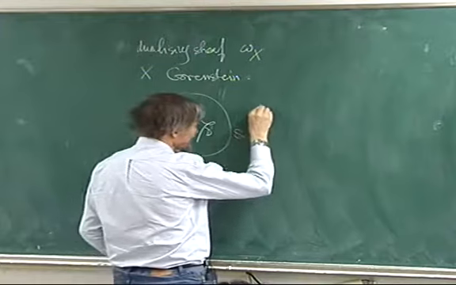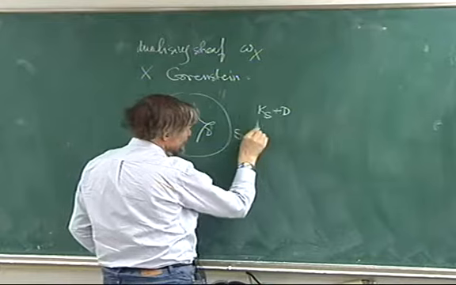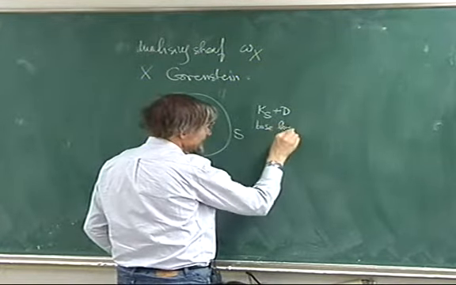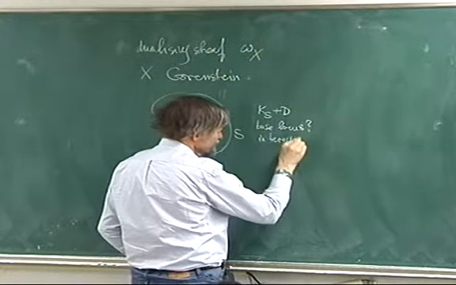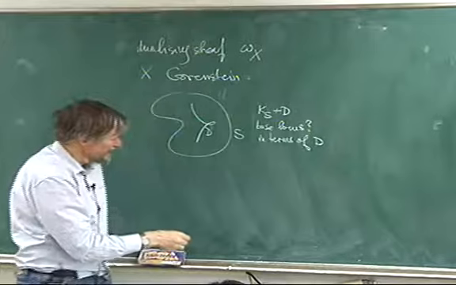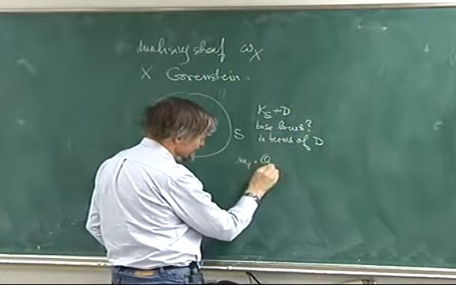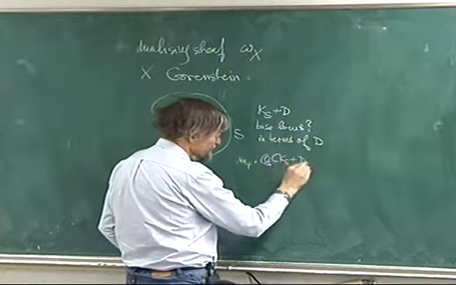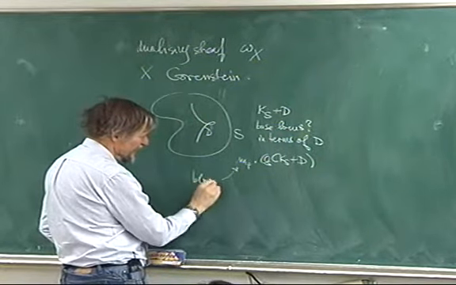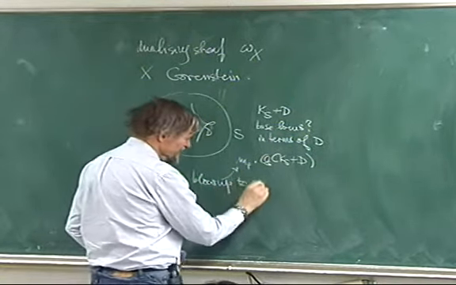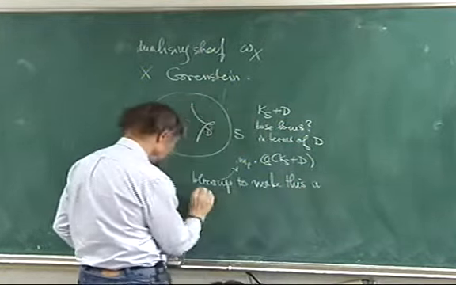And then I'm looking at Ks plus D and asking about its base locus in terms of D. And we get to this place where I have MP times OS of Ks plus D, and we say we blow this up to make this a locally free sheaf.